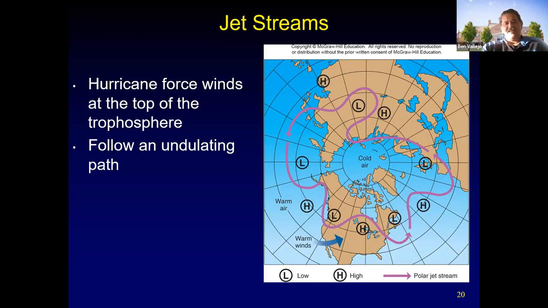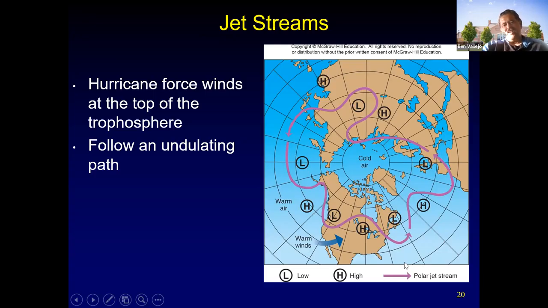And so the jet streams can totally influence the atmosphere also. And you can see here's the climate expectations for the jet stream. Depending on where you live, now this is for the polar jet stream.